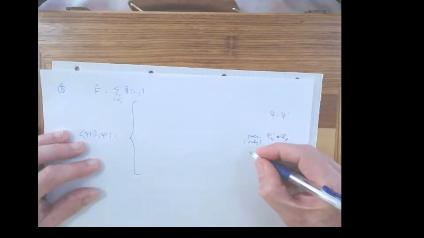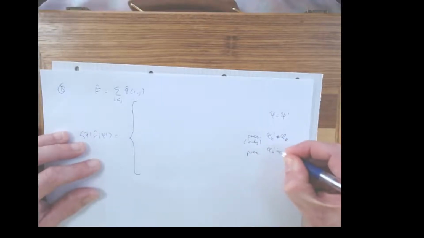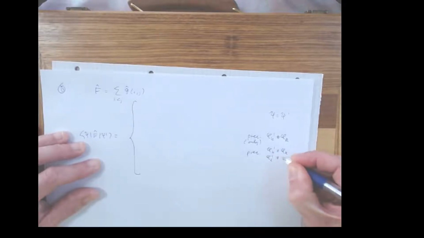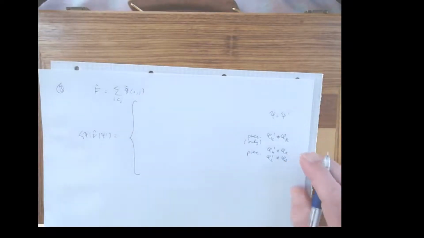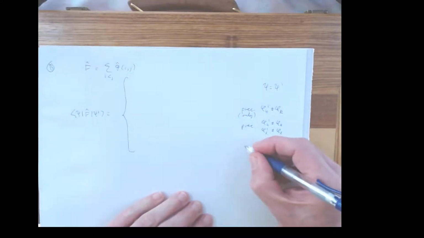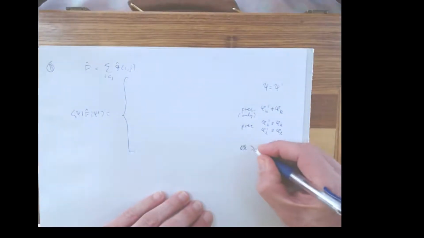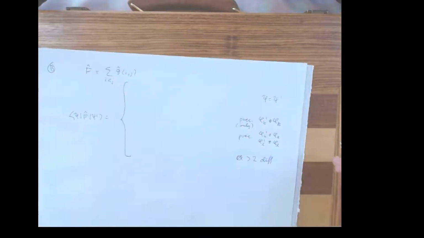Then I have a third possibility here, which means that I should consider K prime different from K and L prime different from L. So now there are two orthogonalities, or two differences between my two Slater determinants, and then obviously there's a fourth possibility, and it's that I have more than two differences, right?